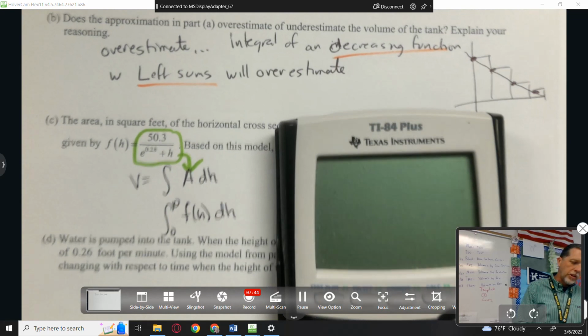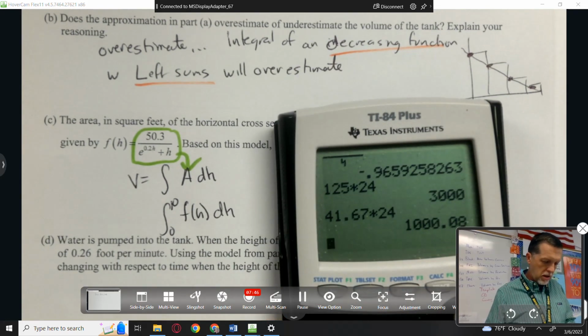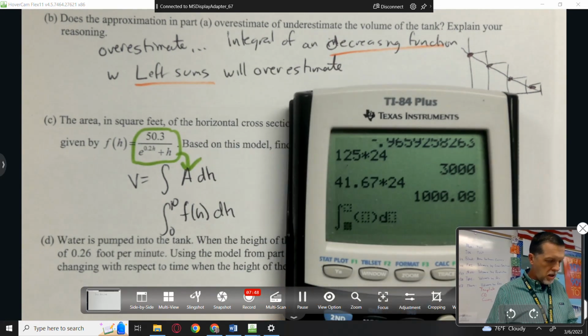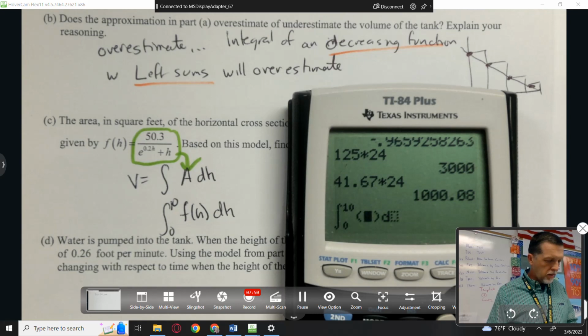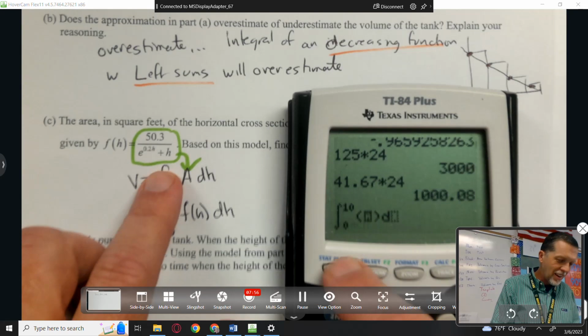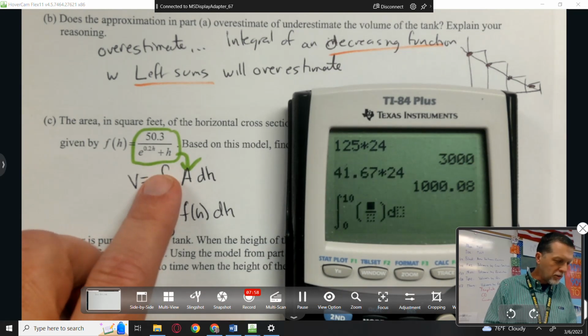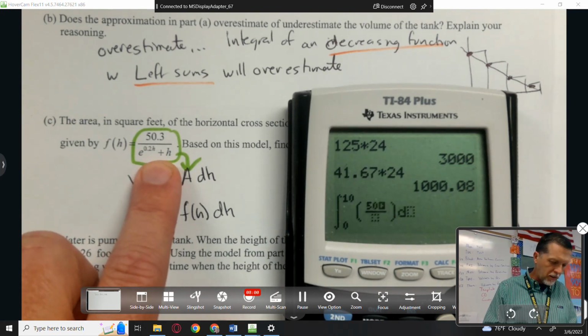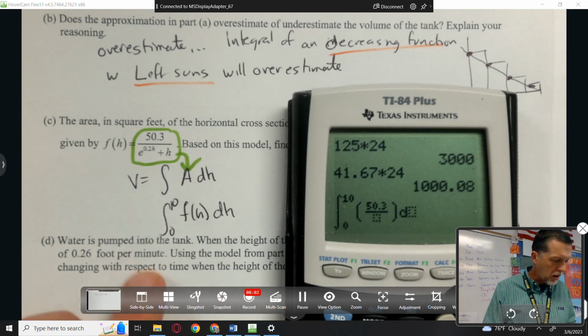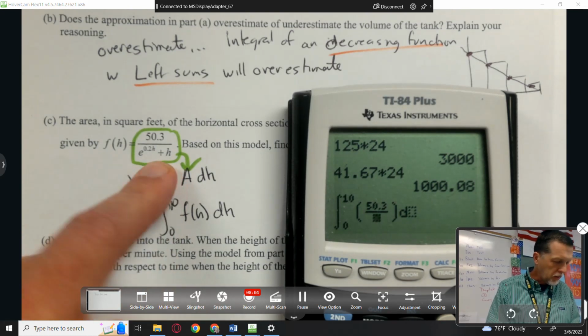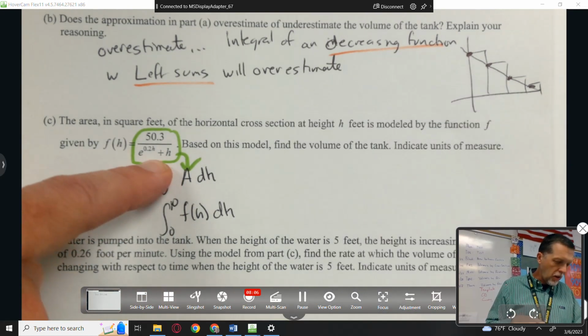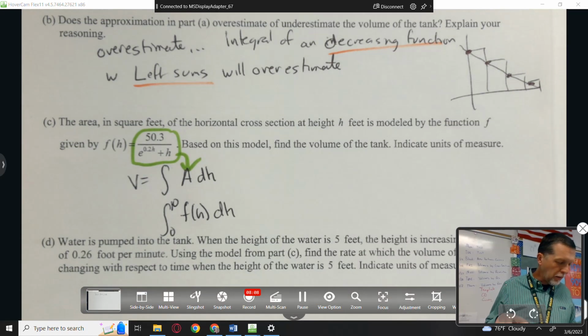And that's a calculator problem now. 0 to 10. I can't just put f in my calculator because my calculator doesn't know what f is. Just type that into y equals. Since I'm only using it once, I'm going to go ahead and just type it in. But we'll see, I'm looking ahead.